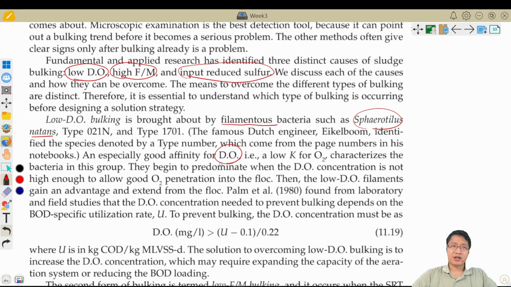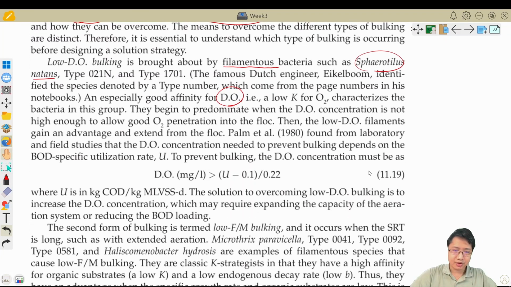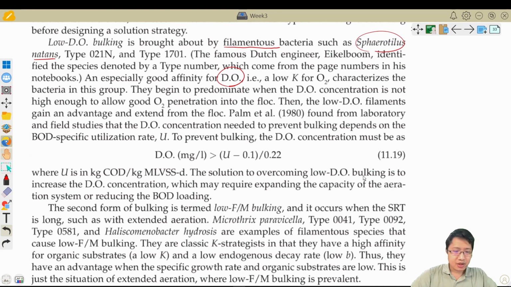Okay, so if you don't have enough oxygen supplied to your system, you will get a low DO concentration, and those filamentous bacteria will become predominant because they have a low half-saturation constant for oxygen. They compete for the dissolved oxygen much better than the other heterotrophic bacteria. Okay, so this is one reason that causes bulking sludge.